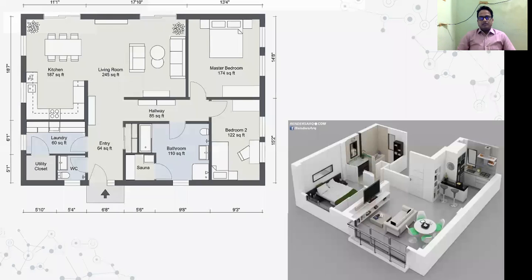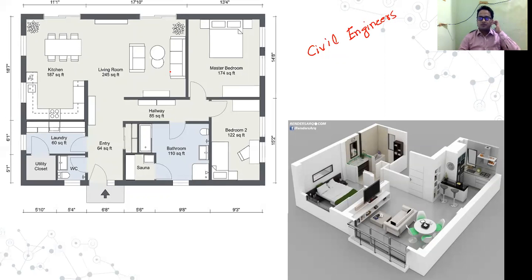Here in this figure you will see a diagram of an apartment, so this is for your civil engineers. In this 2D diagram, each and every component is clearly stated.